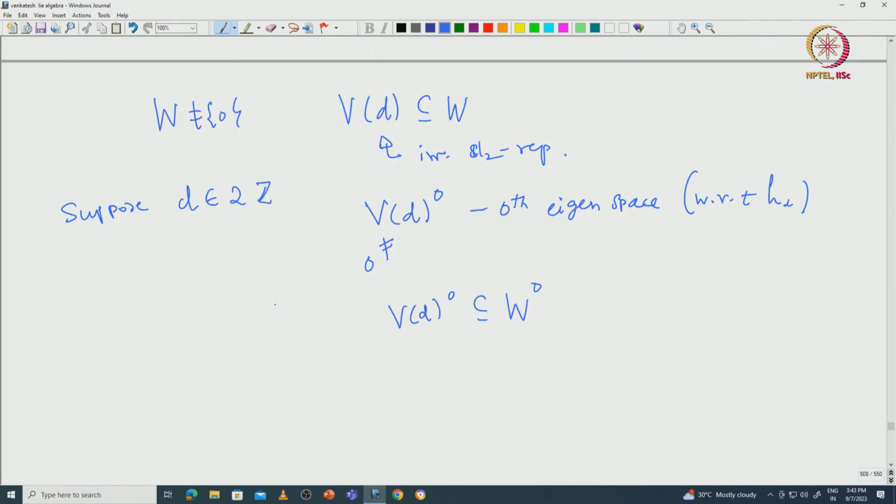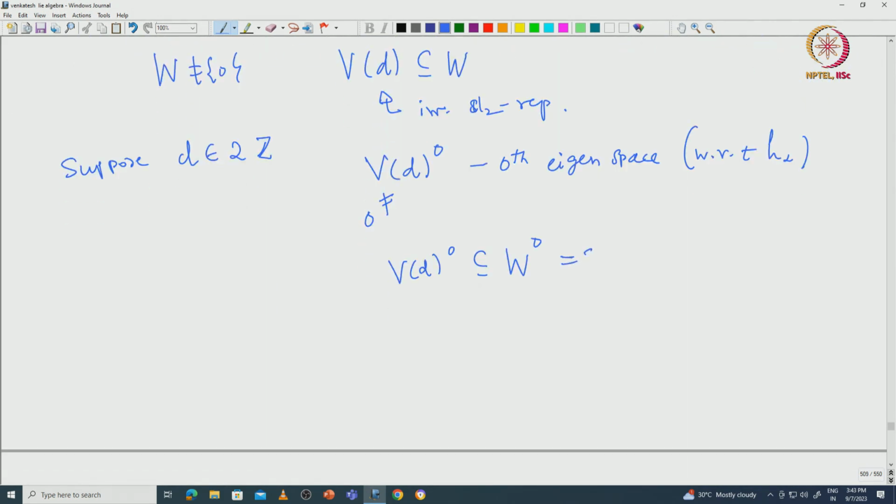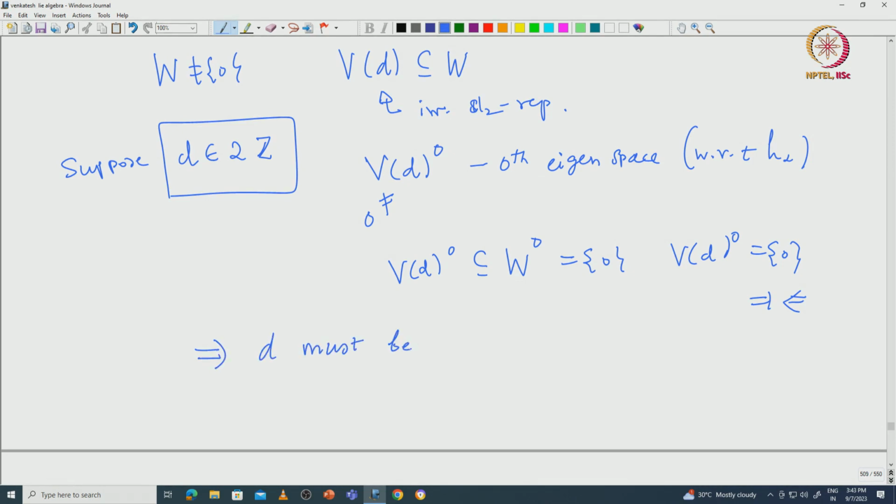So, that forces V D 0 to be 0, which is a contradiction. This contradiction we got by assuming D is even. So, that forces D to be an odd integer.